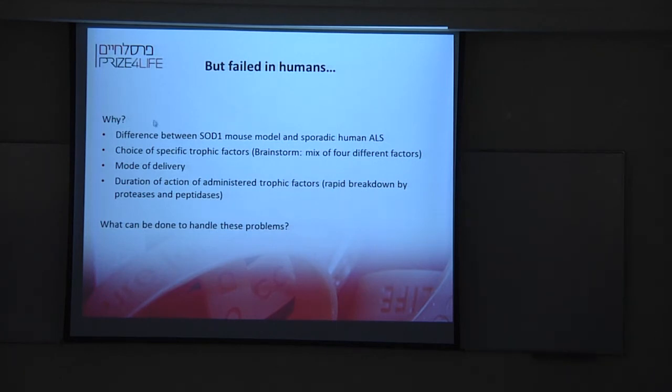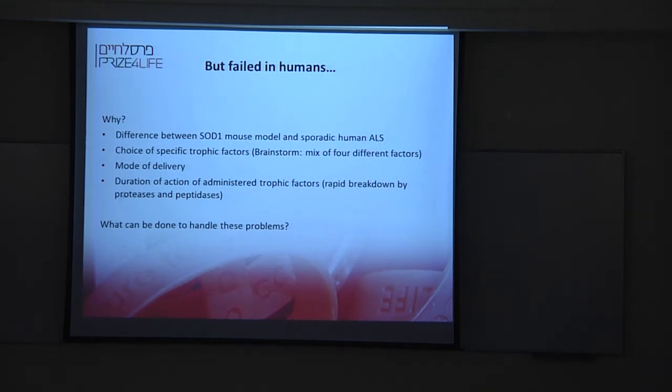So one difference is just that they were all tested on the SOD1 mouse. And maybe the SOD1 mouse has its own mechanisms that these treatments affected, but we don't see it in humans that have all sorts of mutations or no known mutations at all. It could also be that the choice of the growth factors or the neurotrophic factors was wrong, because humans and mice don't have the same neurotrophic factors.